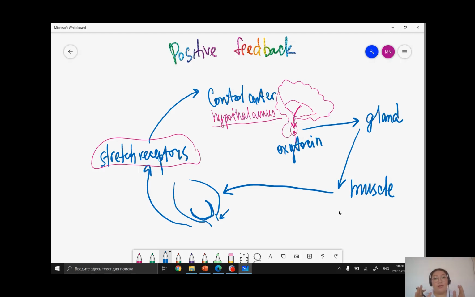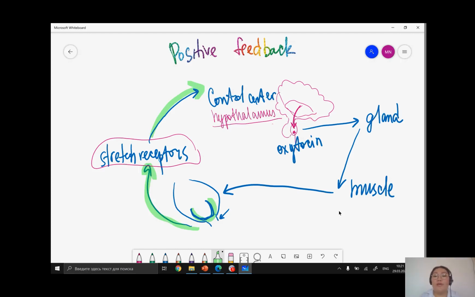and more. And what is the consequence of it? The head of the baby will be moved toward the cervix again and again, and we have the cycle again. The head of the baby moves closer to the cervix and pushes it again, then the stretch receptors send the signal to the hypothalamus.